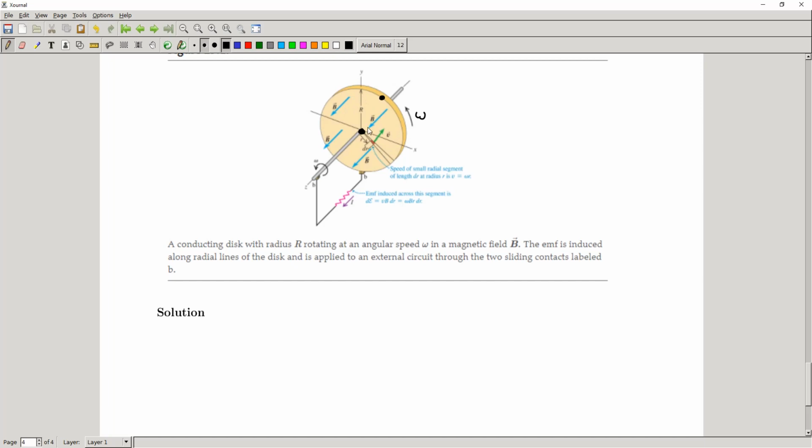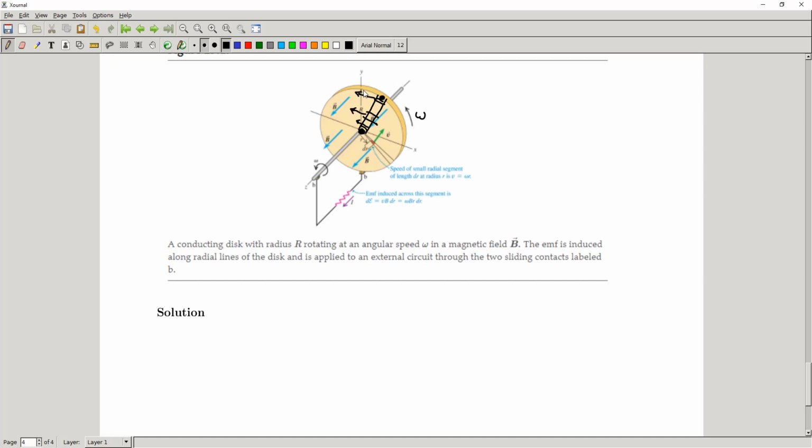If you imagine that we break up this whole path here into little chunks, each little chunk is going to be moving with a different velocity, right? The closer into the center we get here, the smaller the velocity is going to be. The farther out we get, the larger the velocity is going to be, right?